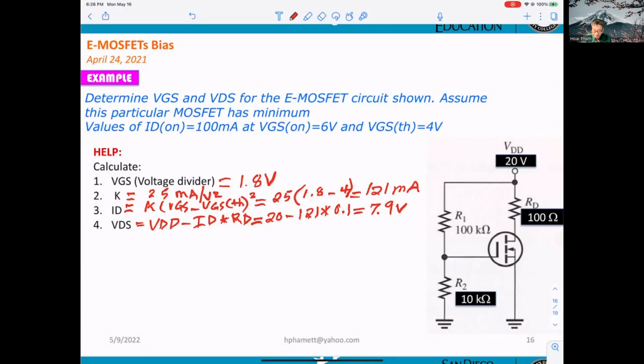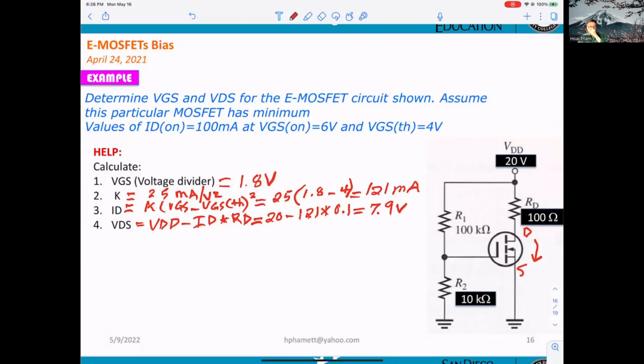Right. Remember, D right here and S in here. That means this voltage here. Okay. The only thing you pay attention to is when you multiply 121 milliamp by the resistor, you have to change the resistor to kilo ohm.